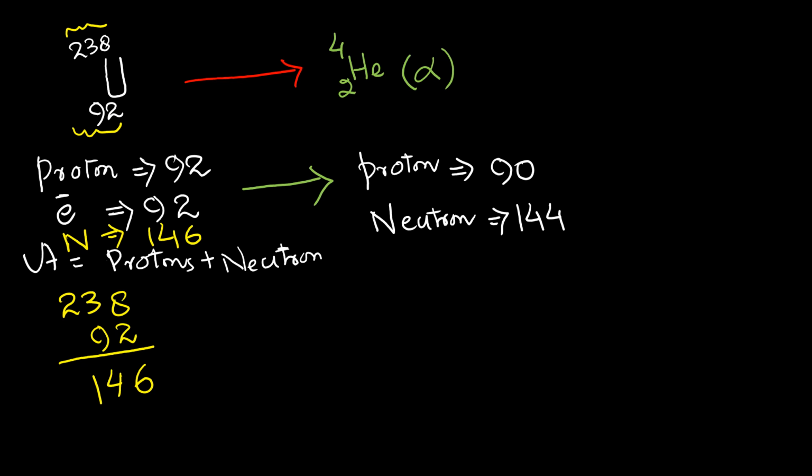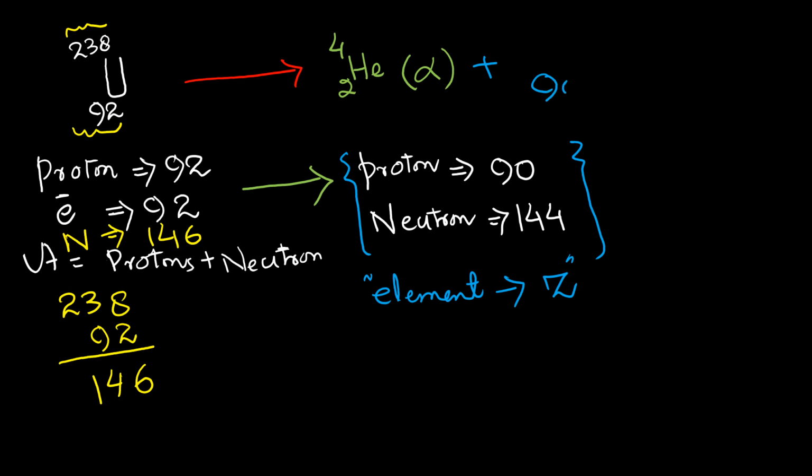So the number of neutrons will be 144. As you know, in the periodic table every element has its own atomic number, and elements are recognized by atomic number. After uranium releases an alpha particle, the atomic number of the new element will be 90.